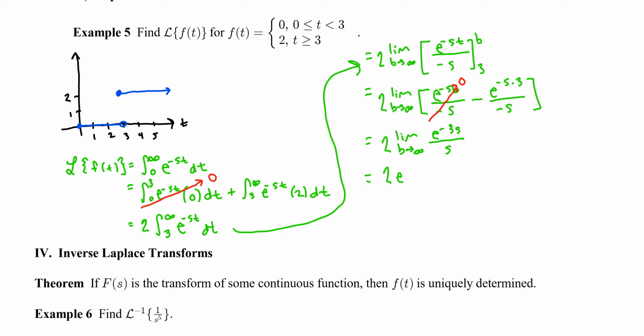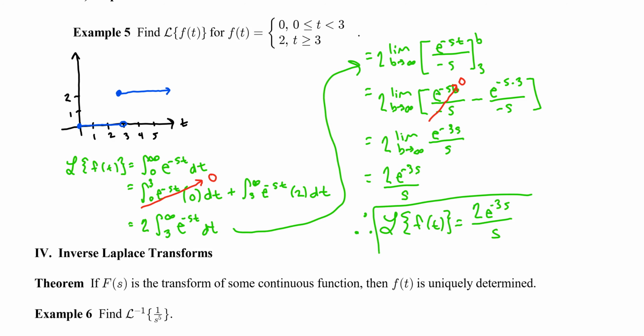So the Laplace transform then is 2e to the negative 3s over s. So the Laplace transform of our piecewise defined function is not a piecewise defined function. I think that's pretty interesting. The Laplace transform of the given piecewise defined function is 2e to the negative 3s over s. Piece of cake.